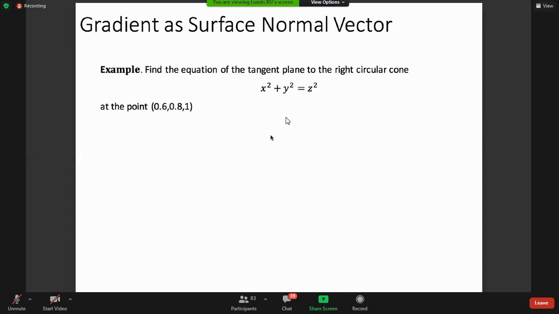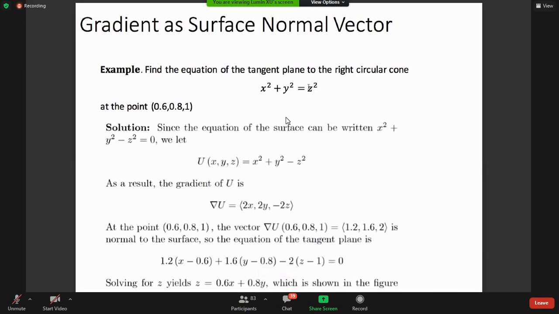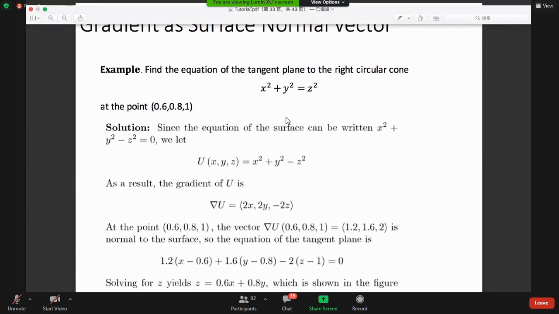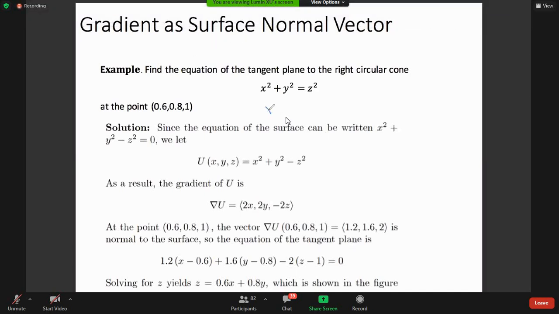First, we should decide which plane it is, and so we should rewrite this equation. We rewrite it like that, equal to 0.